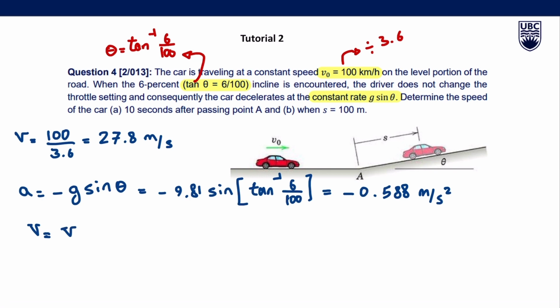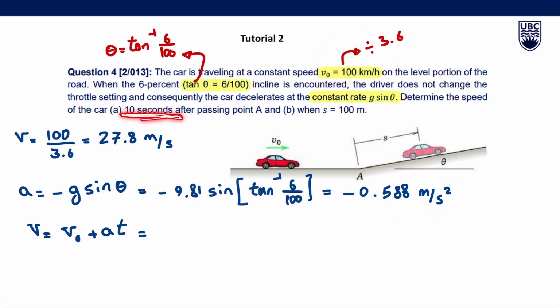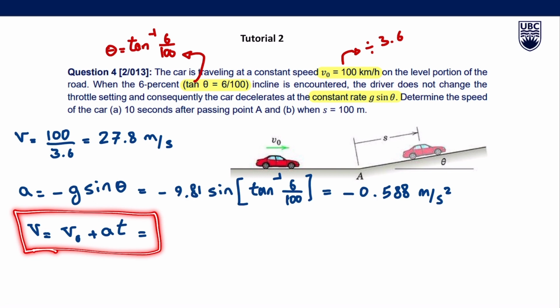So V equals initial velocity plus AT, right? So we have the initial velocity here. We have acceleration, which we just calculated, and the time is 10 seconds. We have nothing about displacement, so that's why we can use this equation.